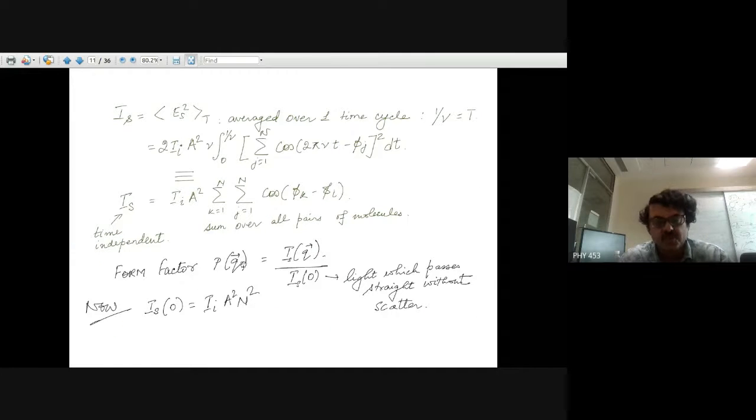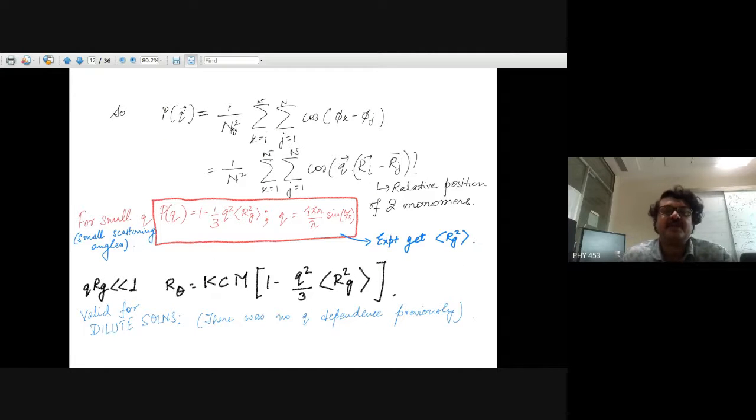So it can be shown by statistical physics that this PQ, which is related to the ratio of intensities, is actually 1 by n square, summation k equal to 1 to n, summation j equal to 1 to n, cos of phi k minus phi j, the difference in phases between all pairs of molecules. But what is phi k and what is phi j?